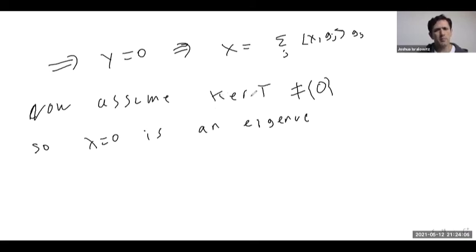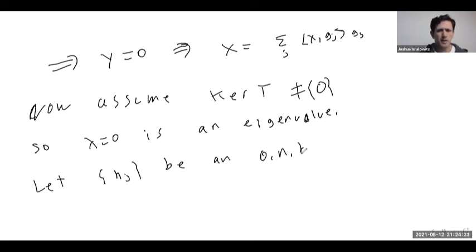The obvious eigenspace is the kernel of T. So we're going to finish up by letting h_j be an orthonormal basis for the kernel of T. So each one of these is an eigenvector of T corresponding to the eigenvalue lambda equals 0.